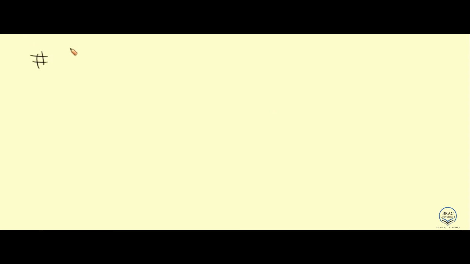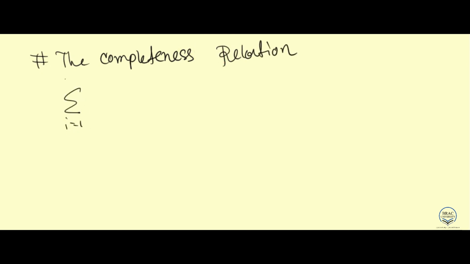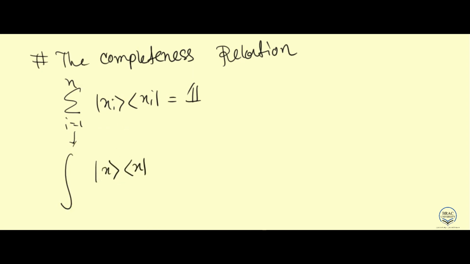The next thing we are going to look at is the completeness relation. So when our dimension was finite, let's say n dimensional space, we wrote it like this, right? The identity matrix. And here, similarly, when you take n goes to infinity and you put a delta over here, those are the things you need to do. And this gets replaced by an integral, and this will just be, instead of x_i, you take all the points, and dx, you just call it 1.